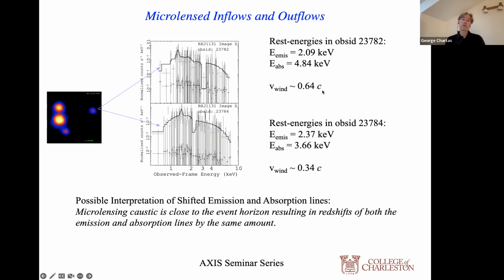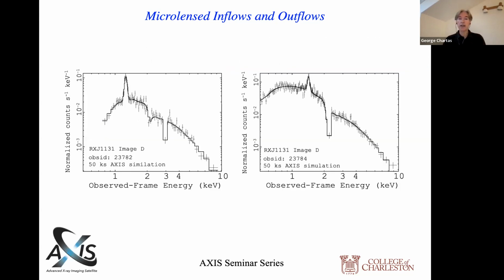Now this seems very high, but remember the azimuthal speed of the disk very close to the event horizon is around 0.6c actually. And for the second case, where the lines are not shifted as much, the outflow velocity is about 0.34c.